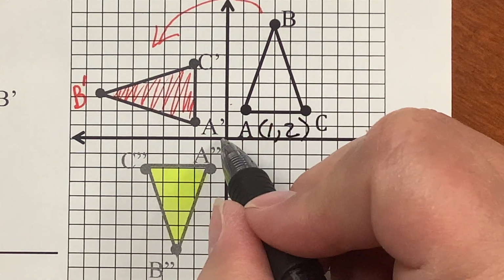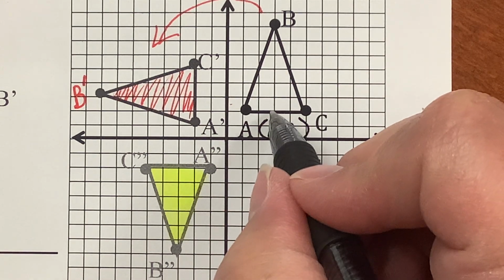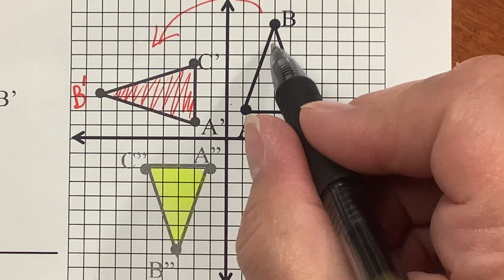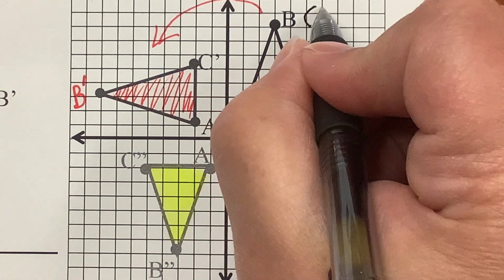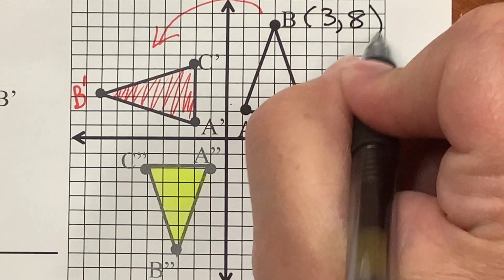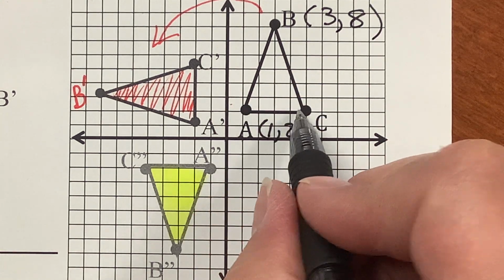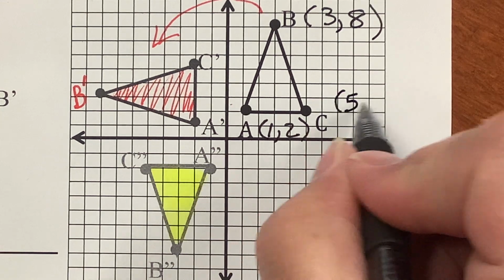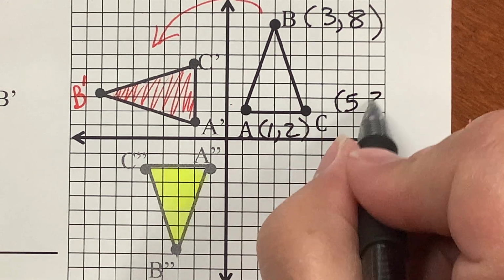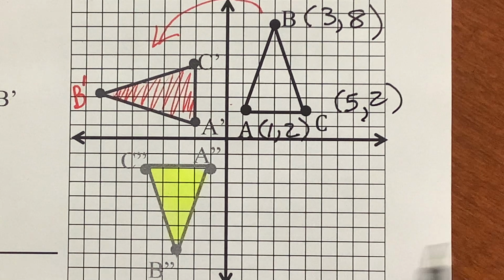And B is at 3, 8. And C is at 5, 2. So there are all my points.